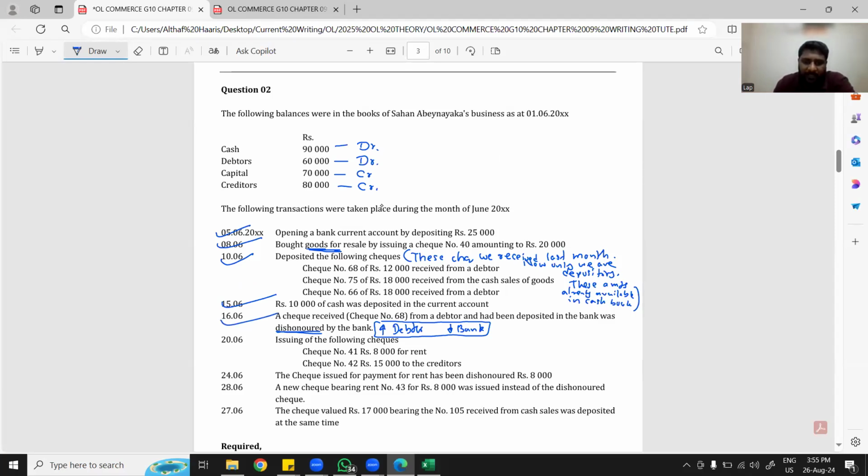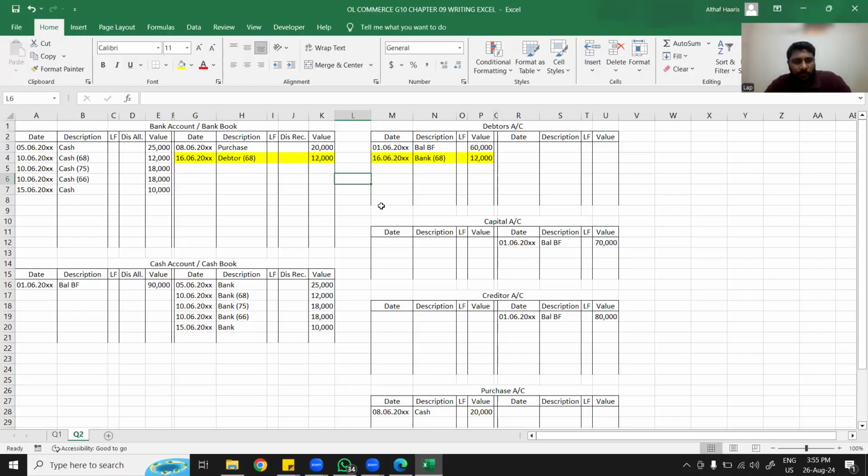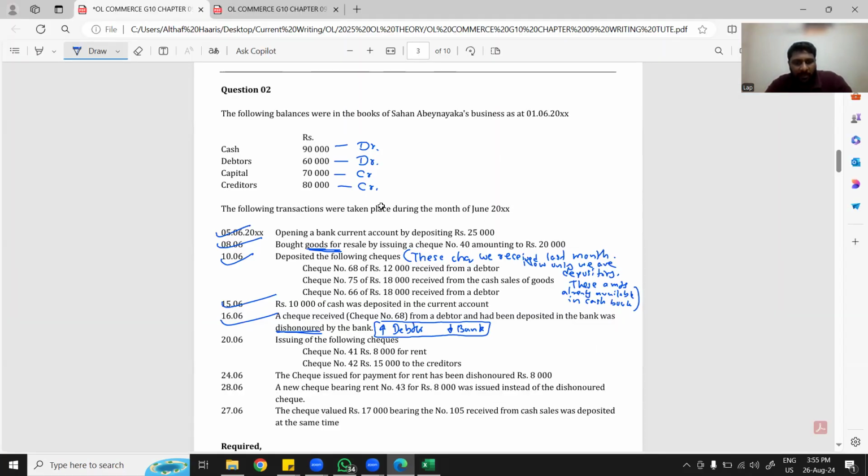Issuing the following checks. So check number 41 and 42 you are issuing. When you are issuing a check, the money should go directly from the bank. One is for the rent, other one is for the creditor.